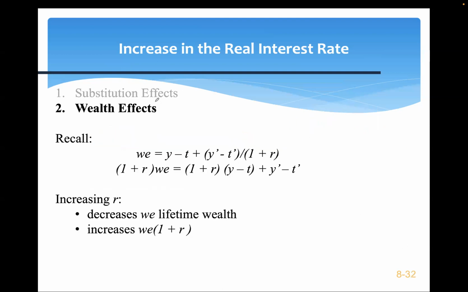But at the same time, there's a wealth effect. Where is the wealth effect? So this is left-hand wealth, in terms of current, and this is left-hand wealth in terms of future.